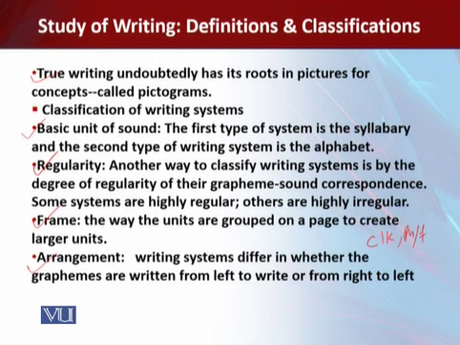Also, are the graphemes written horizontally as in most Western alphabets, or vertically as Chinese, Japanese and Mongolian often are. So these are the classifications of writing systems, which include basic unit of sound, regularity, frame and arrangement.